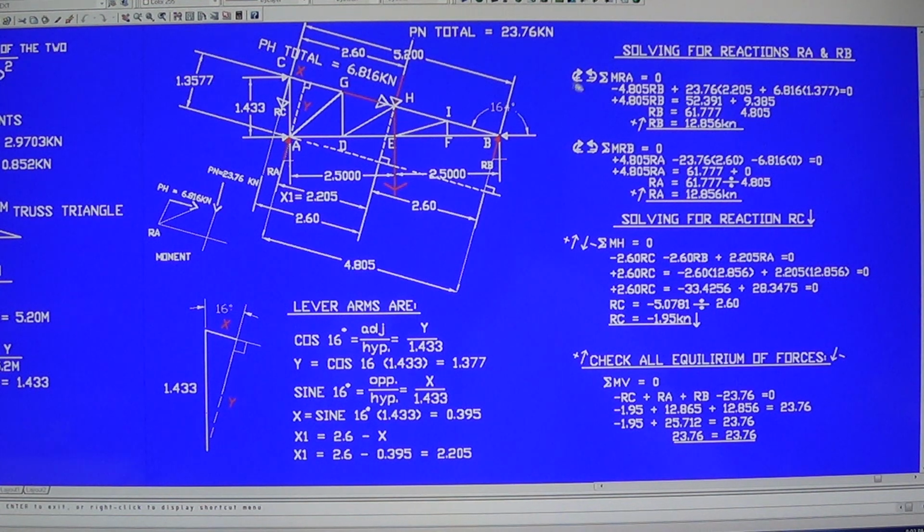Now if you take a moment at A, I'm going to show you how this works. These two loads here, PH and PN, at A will rotate like this. The rotation follows the direction of the arrow. The direction of the arrow is downward, and this is to the right.